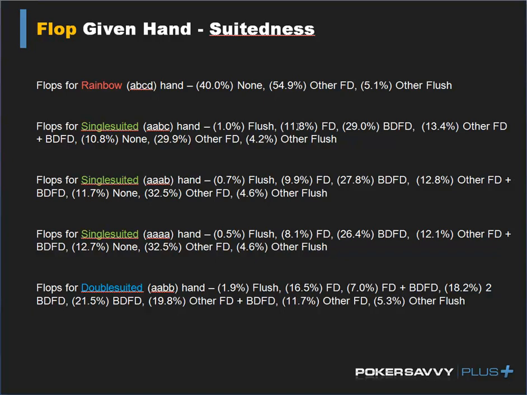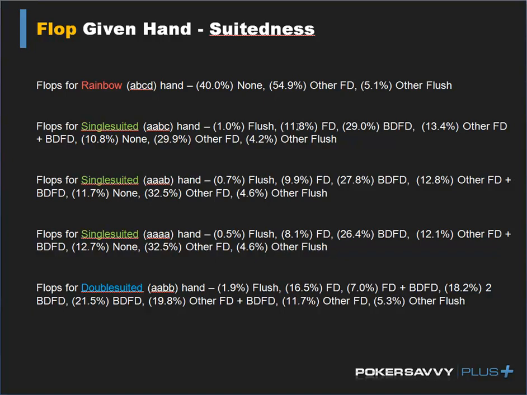But as a starting point, to add up how many flops you're going to hit, you can use those frequencies as a guide, since they're around round numbers. Sets just above 10%, flush draws just above 10%, straights just under 5% for the strongest hands, wraps between 10 and 20%, depending on whether you've got a single gap or not.